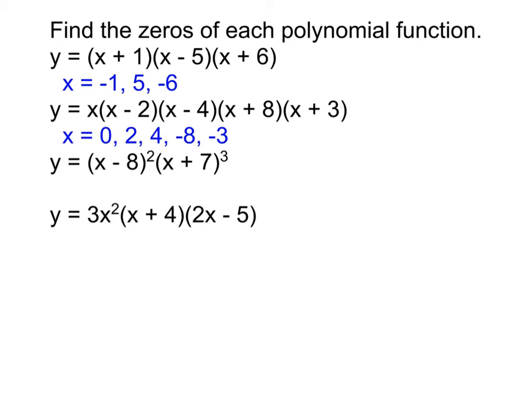All right, for the third problem here, a lot of it's pretty straightforward in terms of we should be able to look at it and know, okay, I'm expecting 8 and I'm expecting negative 7. Great. But do I have to list the 8 twice? No. Do I have to list the negative 7 3 times? We do not need to actually repeat those, no. However, as a slight tangent, the fact that the 8 comes up twice and the negative 7 comes up 3 times actually is significant.